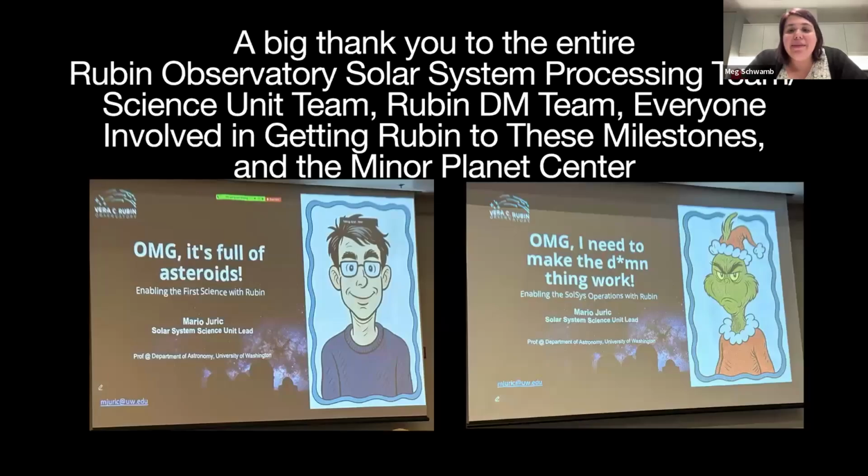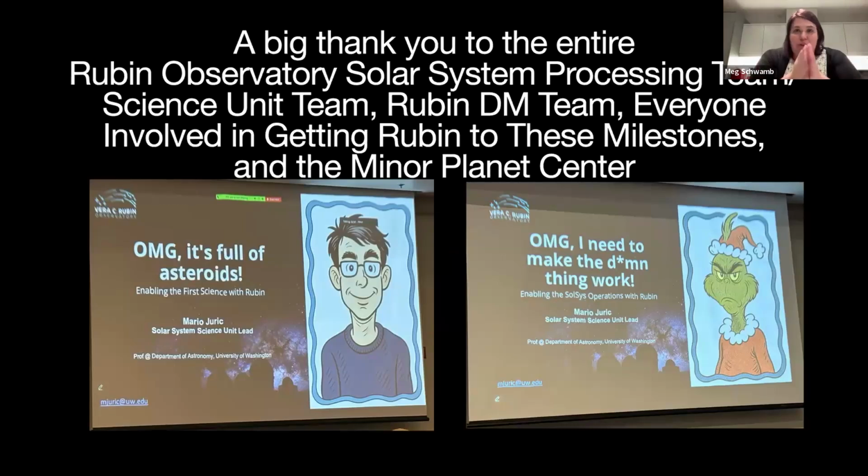And then I want to end my time by asking everyone in the room, and people online, maybe you can put your name in Slack, for everybody who is part of the Rubin Observatory Solar System Processing Science Unit, if you can stand up. If you're part of the DM team, stand up. If you've been involved in any part of Rubin commissioning, stand up. If you're part of the Minor Planet Center, stand up.